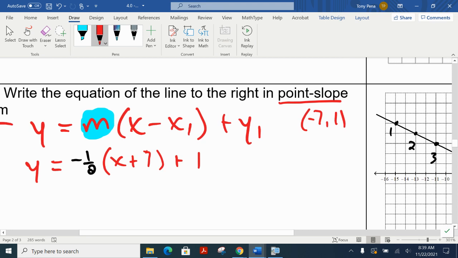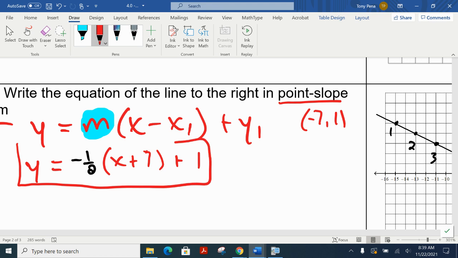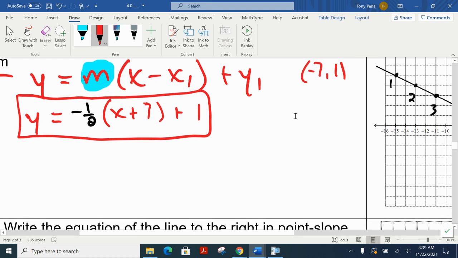Okay. Now, this is your final answer, but what I want you to now do, even though I'm not asking you to do that in this problem, just to show that these are all going to be the same, let's put this in slope-intercept form. So take your line, distribute the negative 1/2. We should all have a negative 1/2 in front of it. So negative 1/2 times the x, everybody should have a negative 1/2 x, no matter what point you picked.